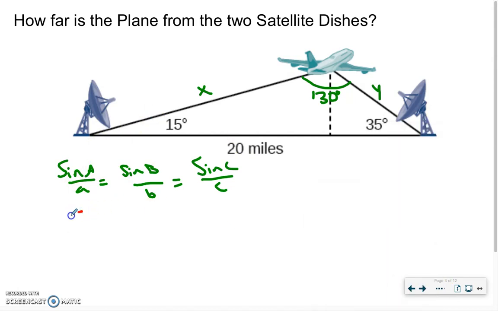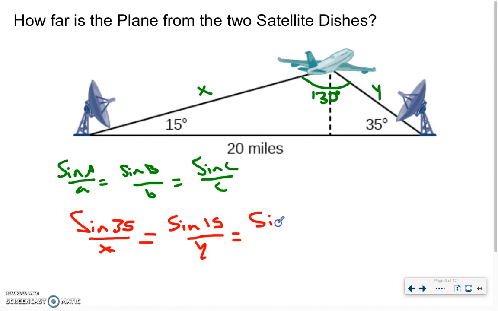So we're going to go sine of 35 over x is equal to sine of 15 over y, which is equal to sine of 130 degrees over 20. So now you have what's called an extended ratio, an extended proportion.